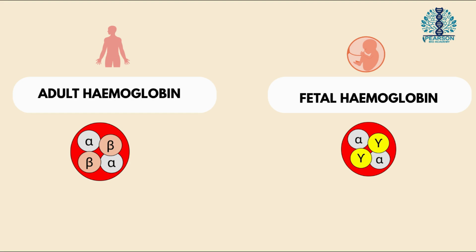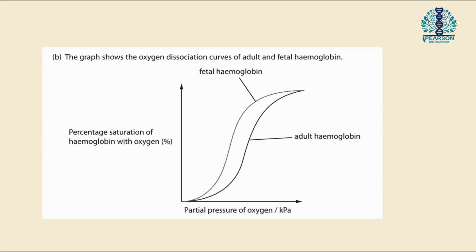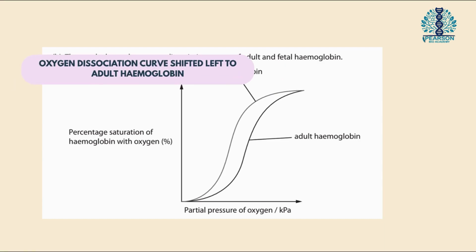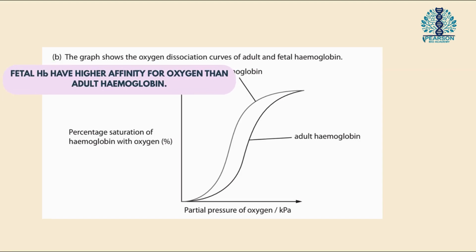Now, if you look at the graph, you can see that the fetal hemoglobin curve is shifted to the left compared to adult hemoglobin. So, what does that mean? It means at the same partial pressure of oxygen, fetal hemoglobin has a higher affinity for oxygen than adult hemoglobin.